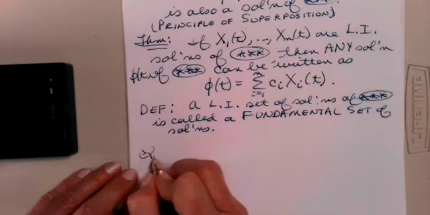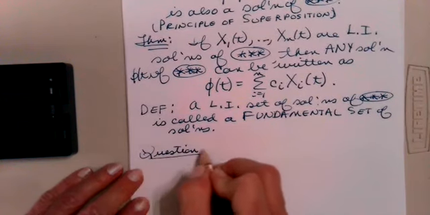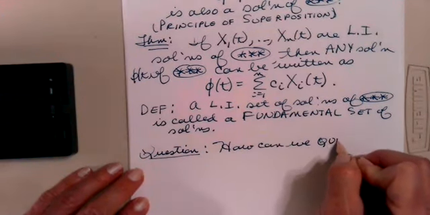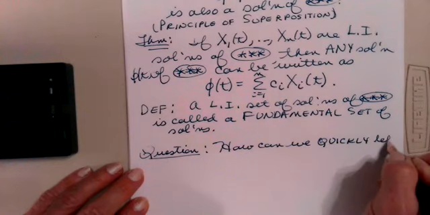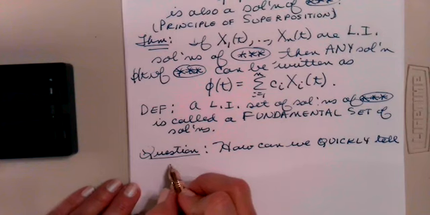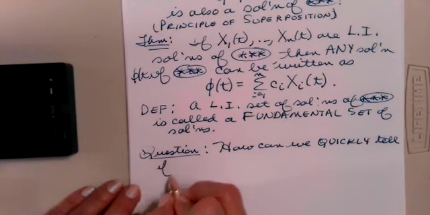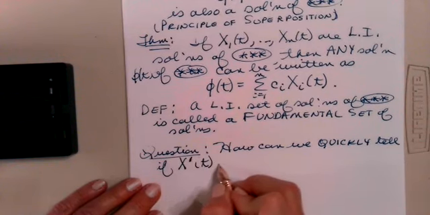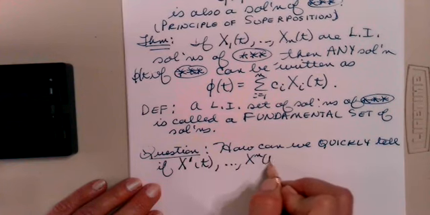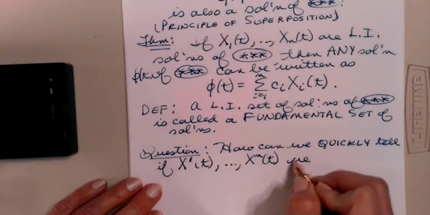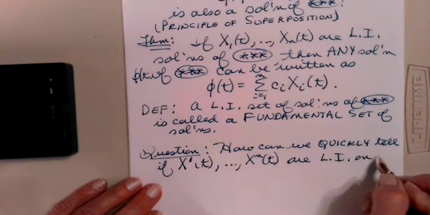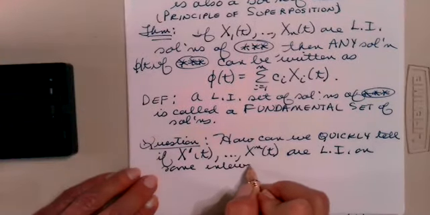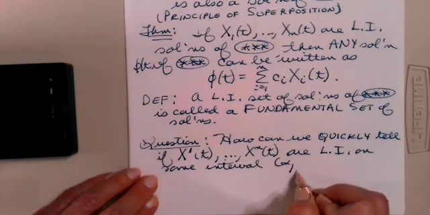So question: how can we quickly, that's the question, or as quickly as possible, tell if a set of n solutions, actually, it doesn't have to be solutions, but just a set of n vectors, say x1 up to xn of t, are linearly independent on some interval alpha beta?